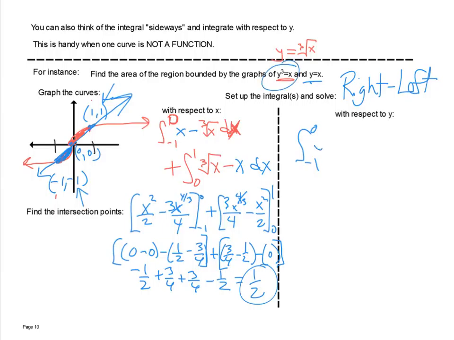We have y cubed minus y. Okay, so this curve is x equals y cubed. So we are going to use what x equals, just like we use what y equals when we do the other way. Okay, and from 0 to 1, now we have the line being first and the cubic being second. dy, I can't fit it in, so I'll squeeze it.